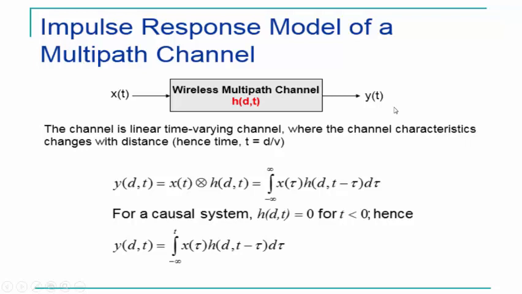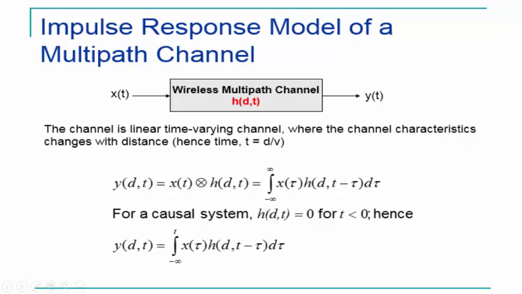The channel is a linear time varying channel where the channel characteristics change with distance, that is t is equal to d by v. So we can write the output with respect to distance and time.